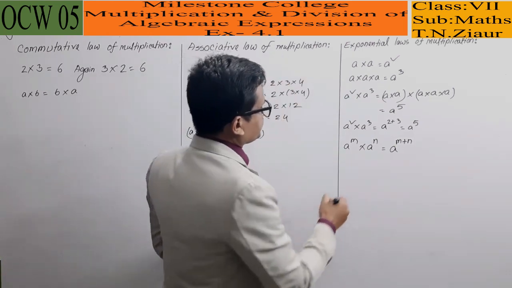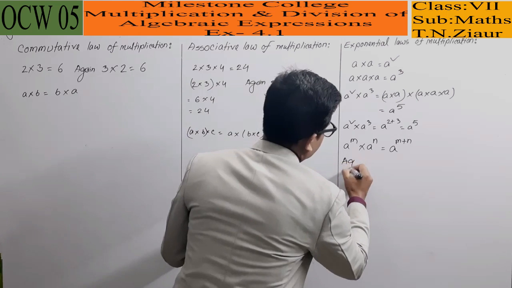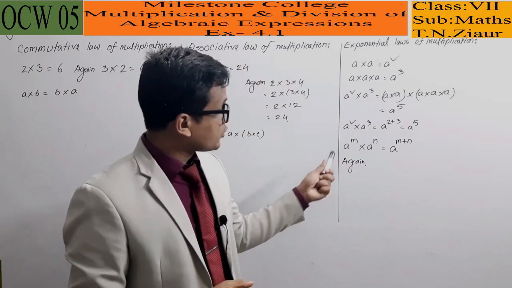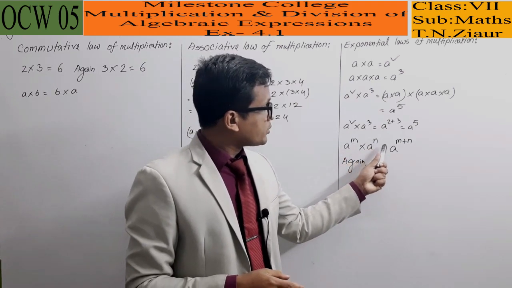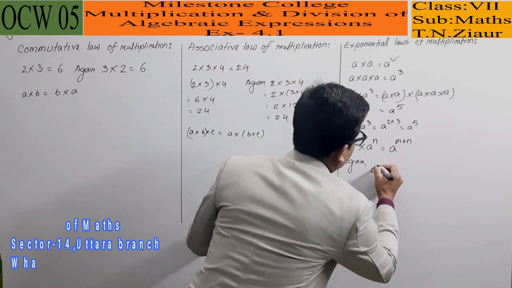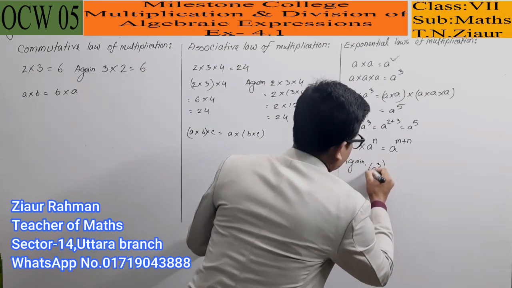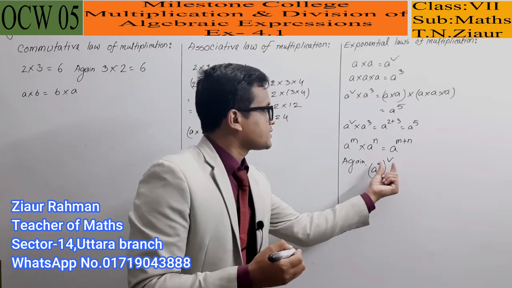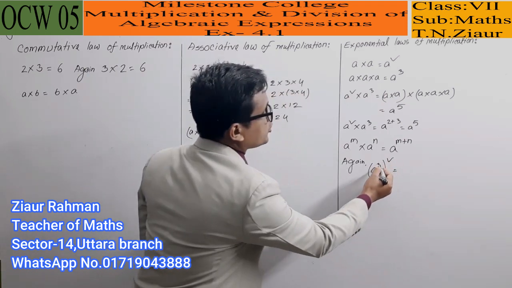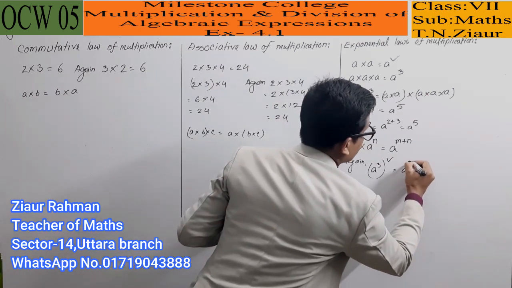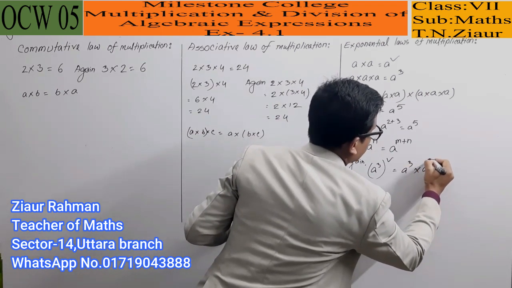So another one, again we can write, this is the formula. If I write, suppose, a cube whole square is equal to, that means there are 2 times a cube, right? 2 times a cube, that means a cube into a cube, like this.